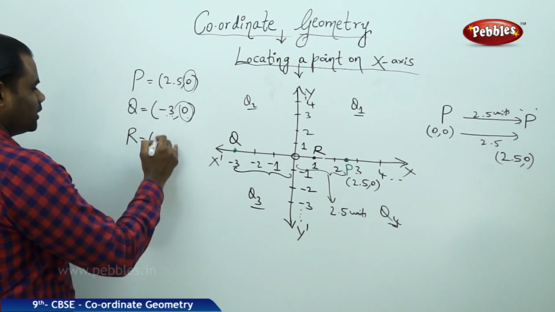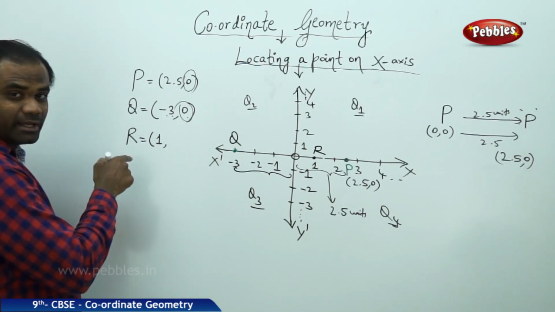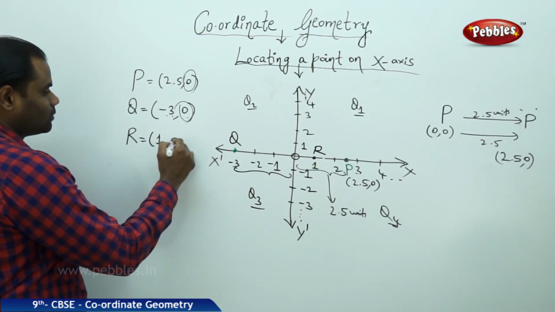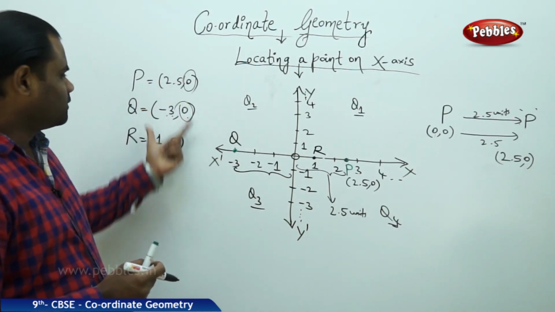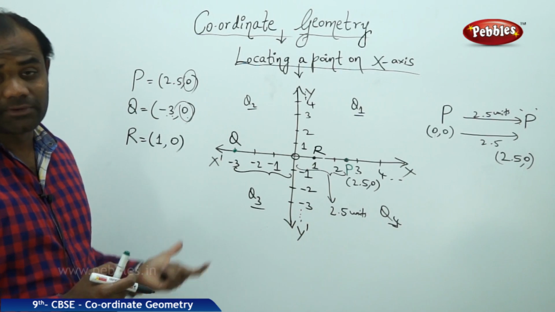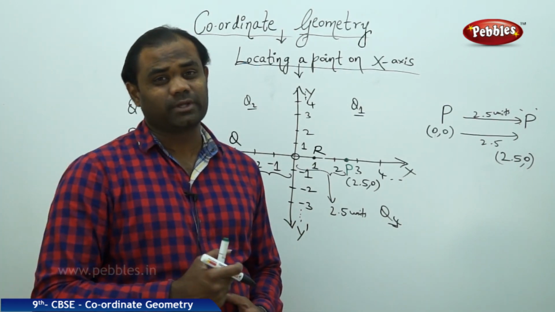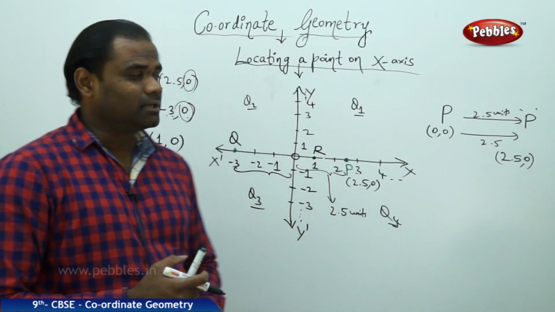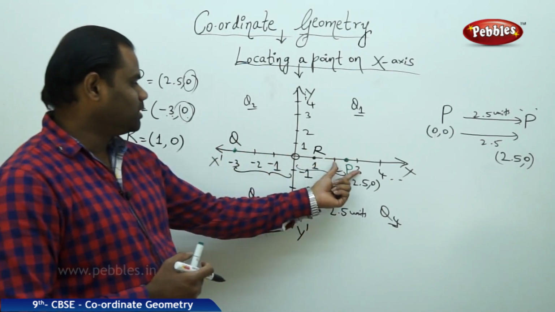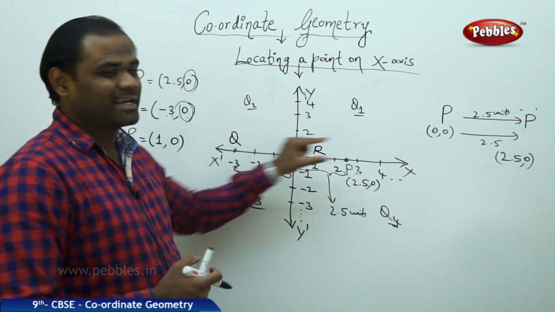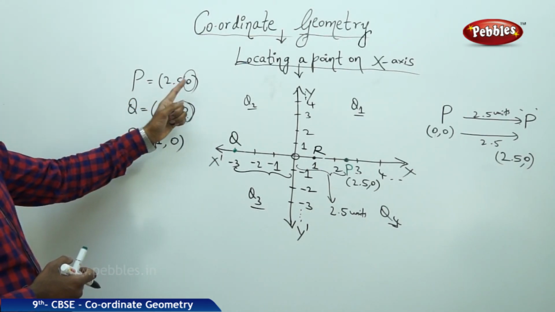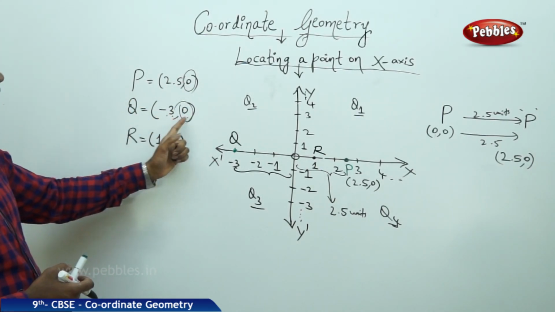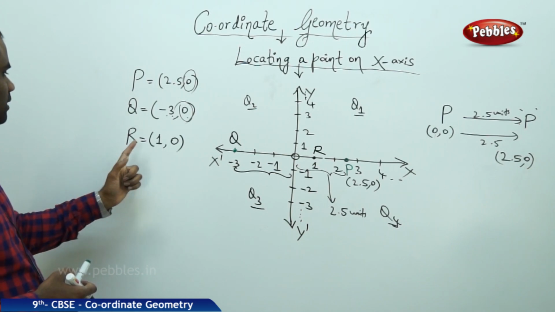So what do we observe as the learning outcome in all these 3 coordinates? When we investigate the points P, Q and R on the x-axis, we see that point P is 2.5, 0, point Q is minus 3, 0 and point R is 1, 0.